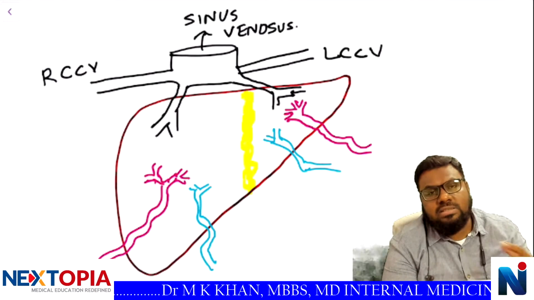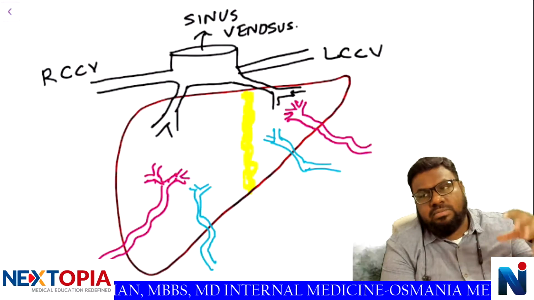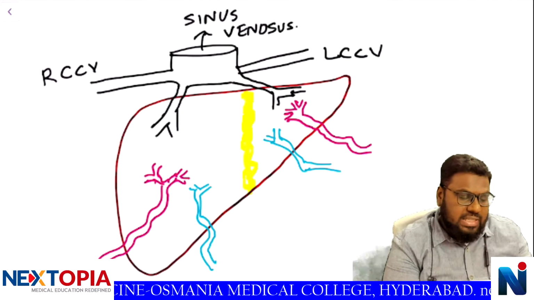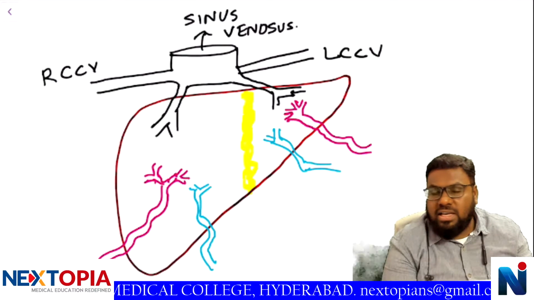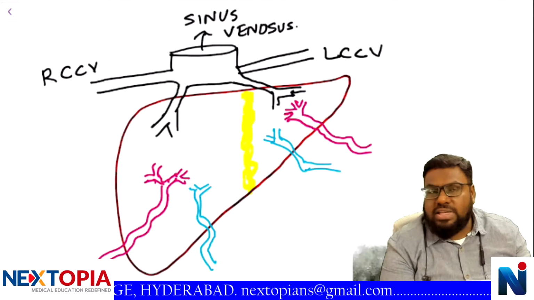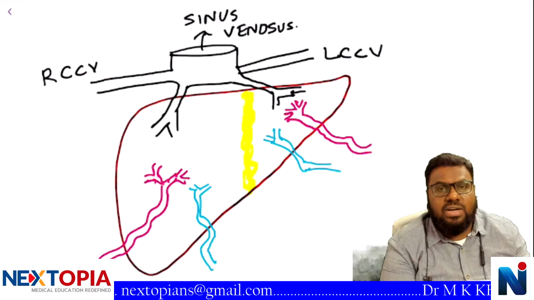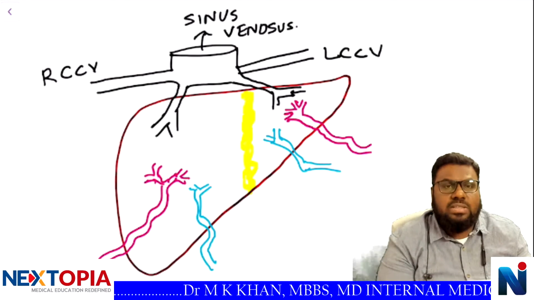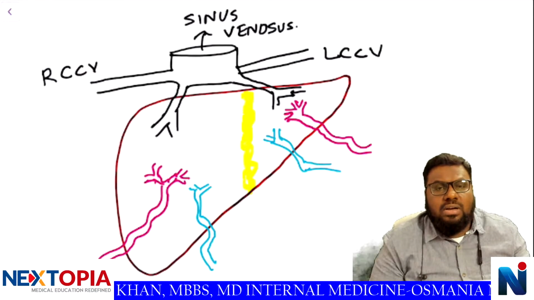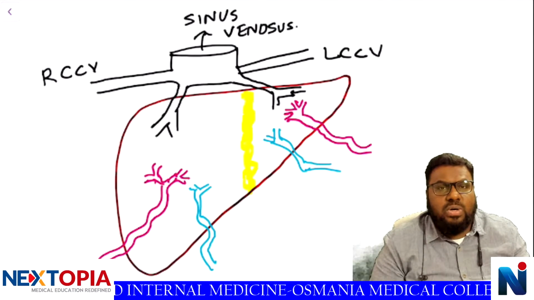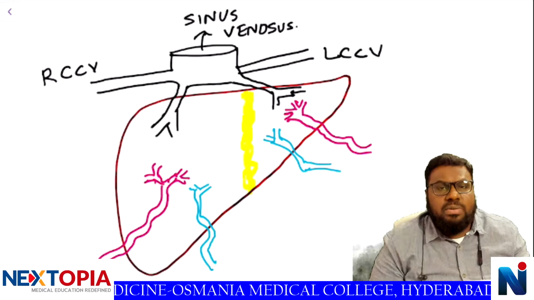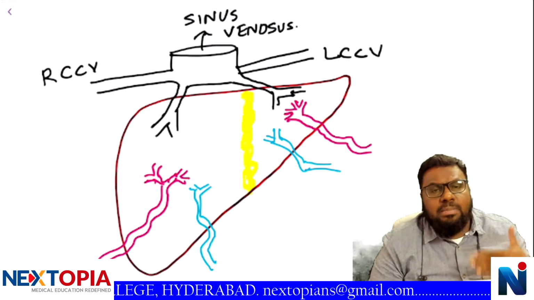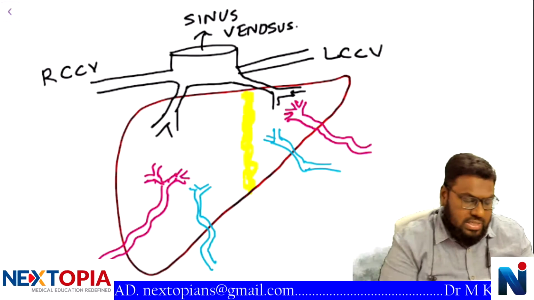The right and left branches are the two major branches which carry blood from the liver into the sinus venosus. In future these are going to form the hepatic veins, which enter into the inferior vena cava. The right and left common cardiac veins are attached to the sinus venosus at this juncture. So there is a communication between the hepatic sinusoids and the umbilical veins.